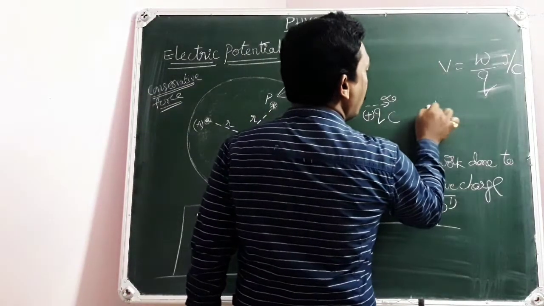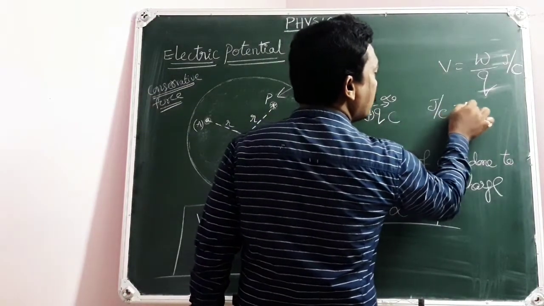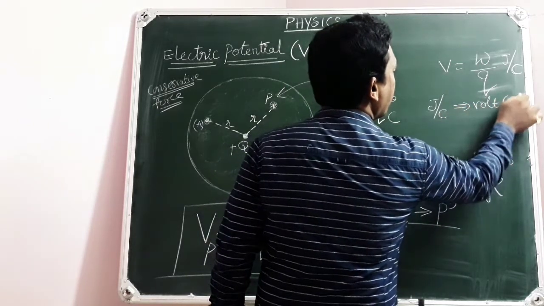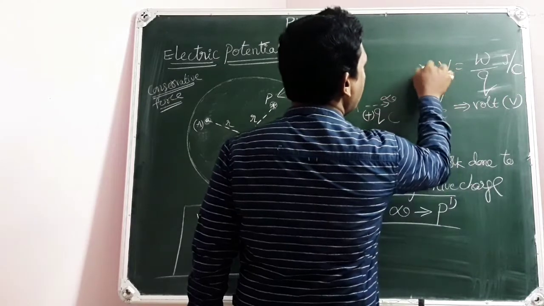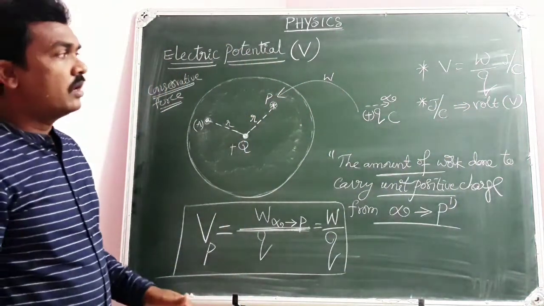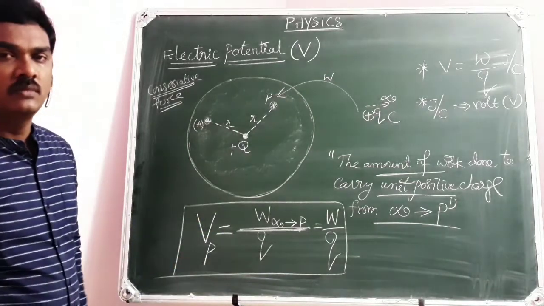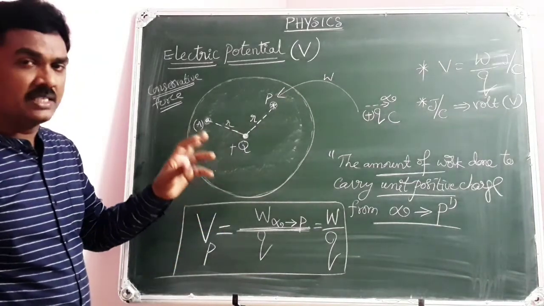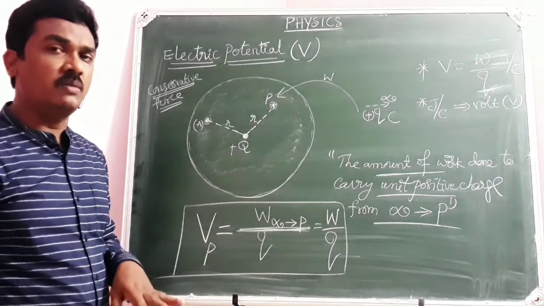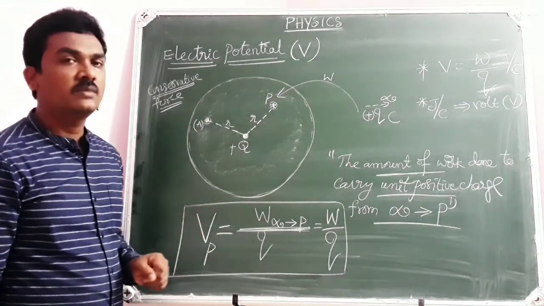But joule per coulomb is also known as volt, which is capital V. These are the units of electric potential, joule per coulomb or volt. That's the SI unit of electric potential. In electrostatics, we come across SI units only, not CGS units.